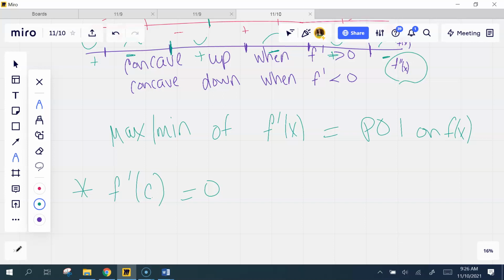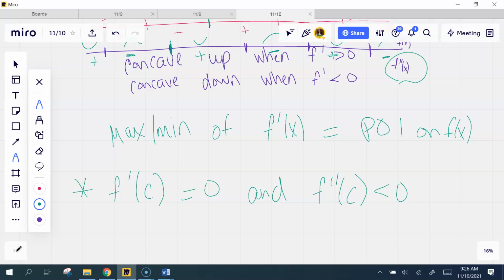But now I'm going to add that if you have the derivative equal to 0, and the second derivative, remember how we've been plugging in to find out, is it a max, is it a min? If also the second derivative is negative, that means I'm concave down.